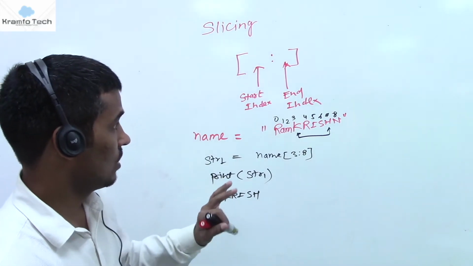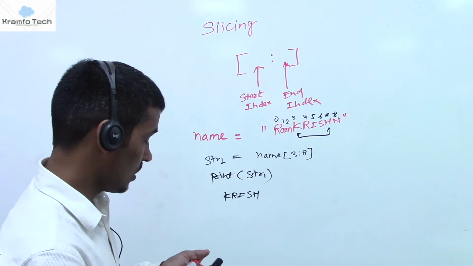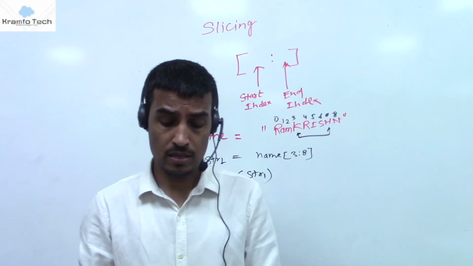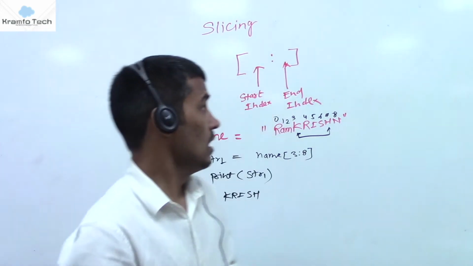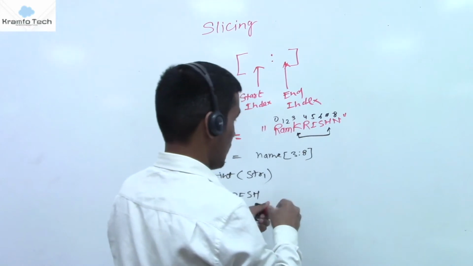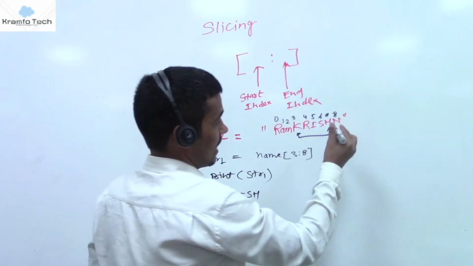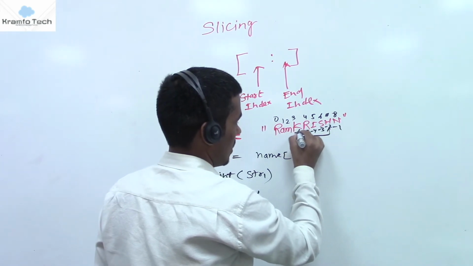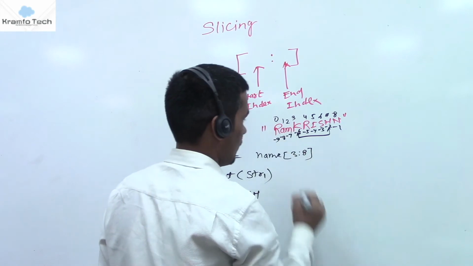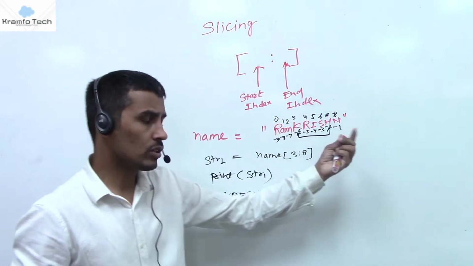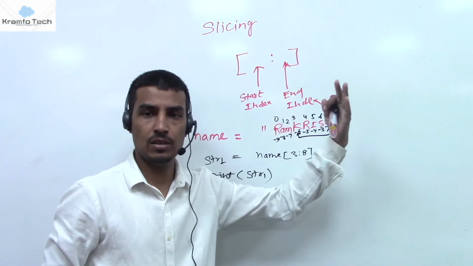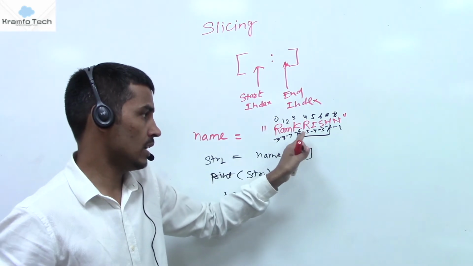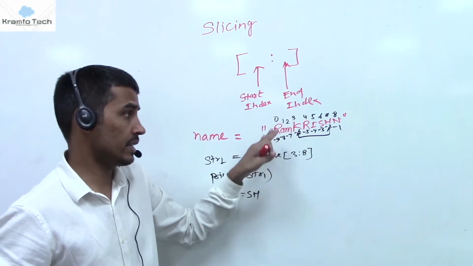One more thing to focus on in the string part, as I discussed in the previous lecture, is that indexing can start from the reverse side as well. From the end of the string, the index values are -1, -2, -3, up to -9 if the character size is 9.